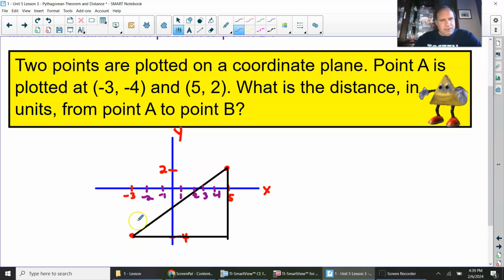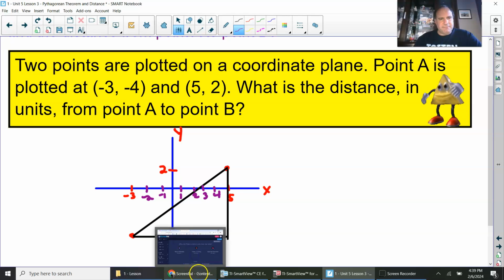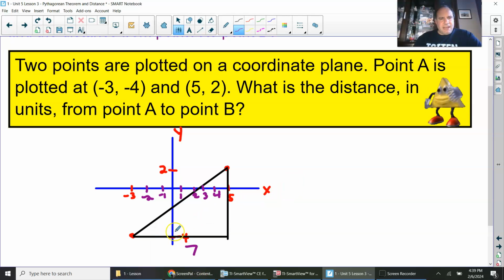So along this stretch, think about it, there's no boxes. We go from -3, that's 1, 2, 3, 4, 5, 6, 7. So this is 7.